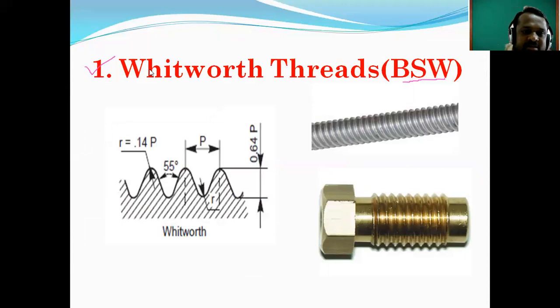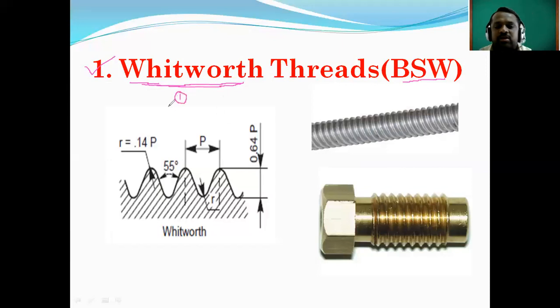What is meant by the buttress thread, the square thread, the Whitworth thread, the knuckle thread, like this. While studying these types of threads, you have to remember only 2 very important points.